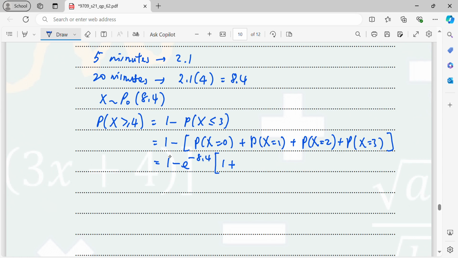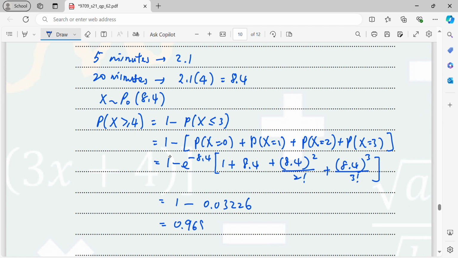Then plus 8.4 to the power 1 over 1 factorial, no need to write, then plus 8.4 squared over 2 factorial, plus 8.4 cubed over 3 factorial. From here you will get 1 minus 0.03226. So lastly, it will be 0.968.